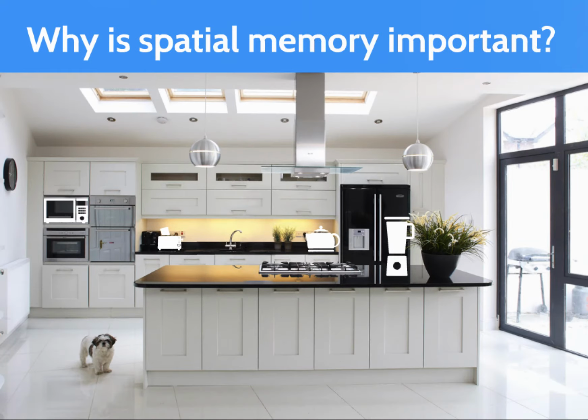Now, why is spatial memory important in our presentation designs, particularly with Prezi? Well, we can actually use Prezi to recreate the same way that the human brain works and uses its spatial memory function. So we can actually have a scene like the one in front of us right now of a kitchen, and we can take our audience on a journey through this space.